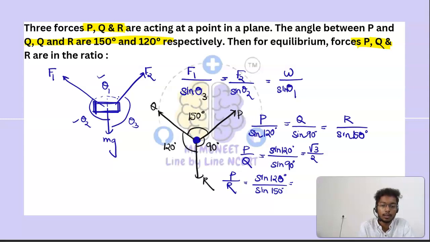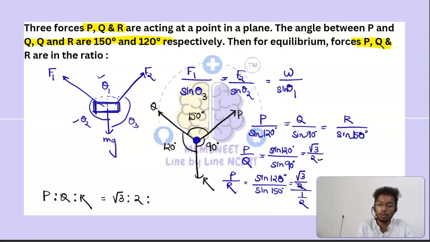That is root 3 upon 2 upon sine 30, which is 1 by 2, so root 3 is to 1. We can predict that P is to Q is to R is equal to root 3 is to 2 is to 1. So this is our ratio for P, Q and R.